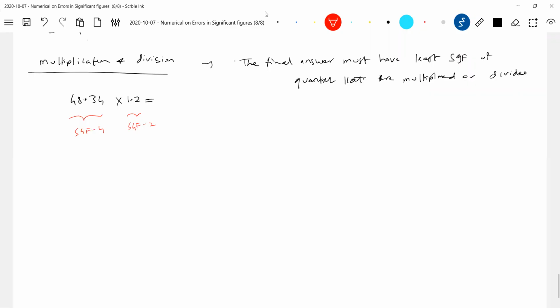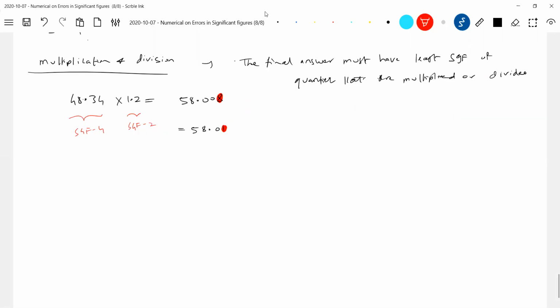So if I do the multiplication, 58.008. Now, what are the numbers to be dropped? All these numbers are to be dropped. First, I'll drop this one. Next, I'm going to drop this.